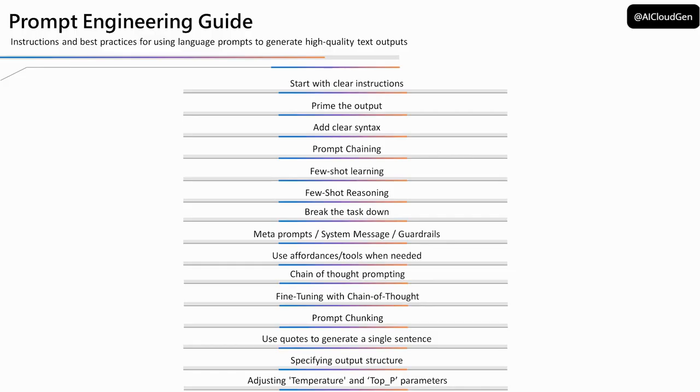We'll talk about meta prompts shortly. Chain of thought prompting, fine tuning, prompt chunking, and also specifying an output structure, adjusting temperature and top_p parameters. Again, we'll look at what those parameters are. When we talk about writing good quality prompts, you should be following these things as best practices.